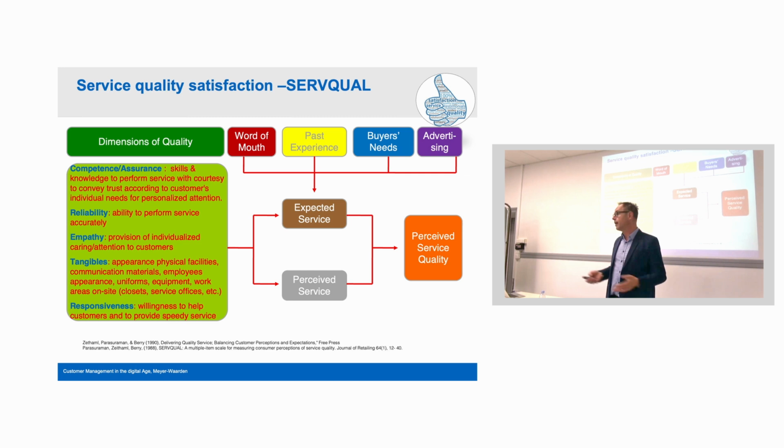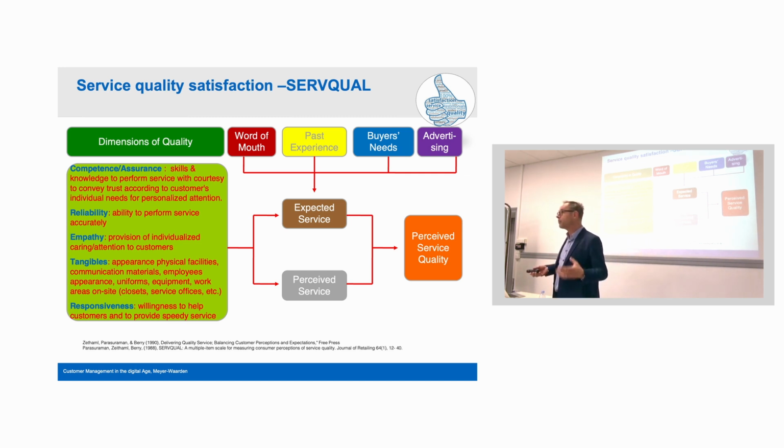The danger is for providers to make everything look sharp and then fall short on reliability and responsiveness. But it's very important to consider examples such as the offices where service providers receive their clients.